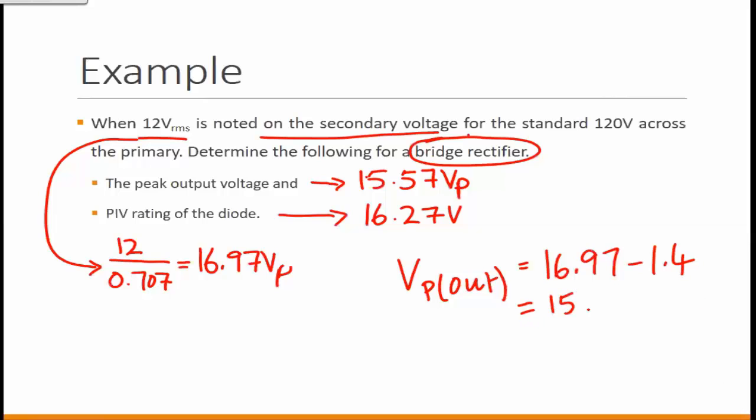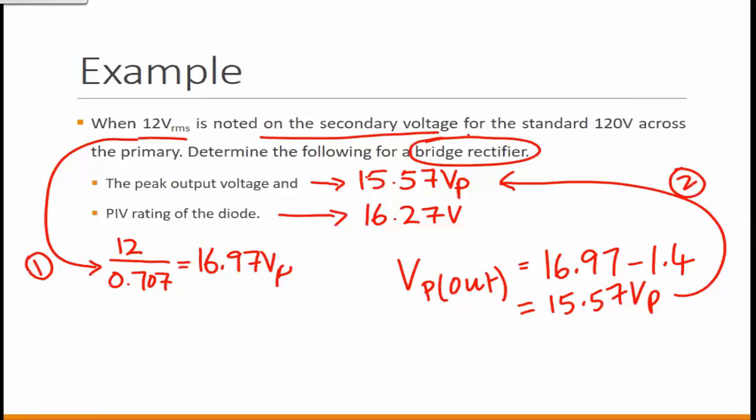So it would be 15.57 volts peak. So that would be the peak output voltage. So the first thing you would do is calculate the peak conversion. So that would be your output voltage.